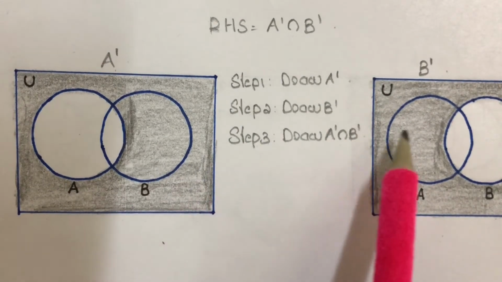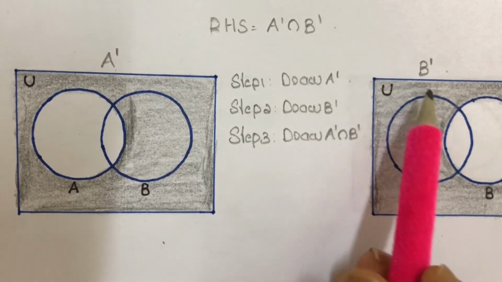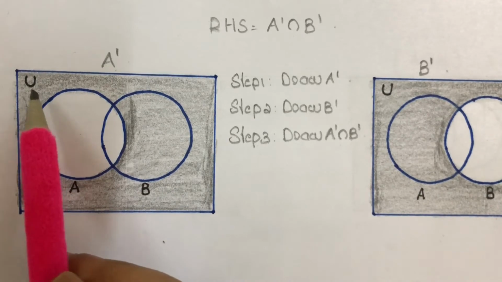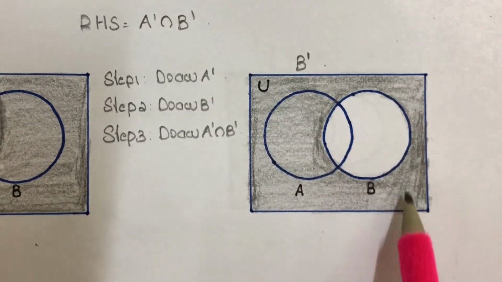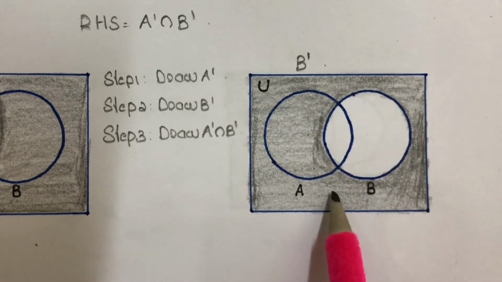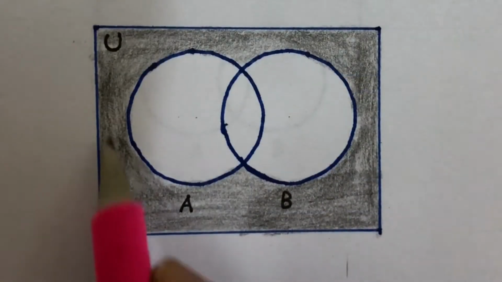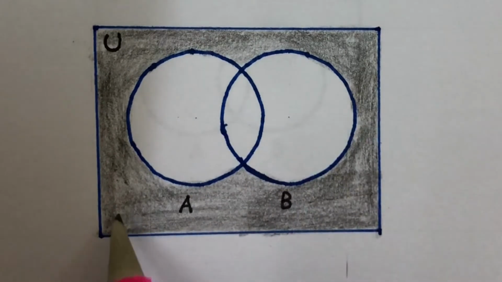Now which area is common in both A dash and B dash? This area is common in both the sets. This area is common in both A dash and B dash.